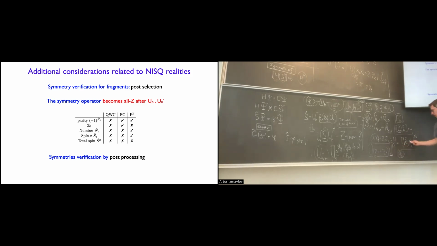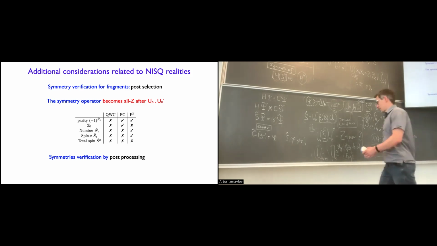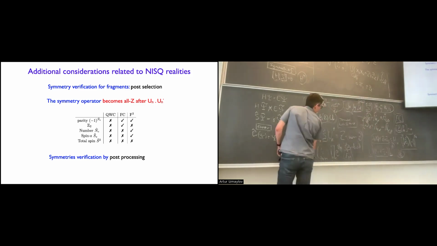And so if you have a full set of Z's, then you always will have an even number of differences. Okay, so this parity measurement could always be done, and you post-select based on the parity measurements.